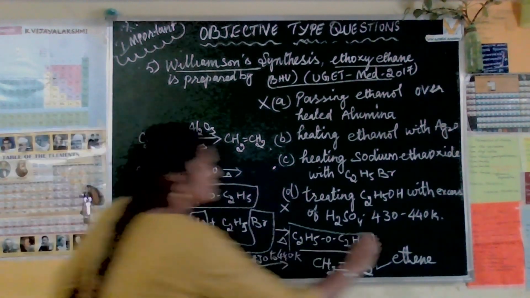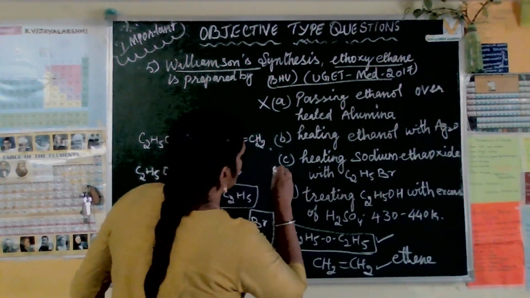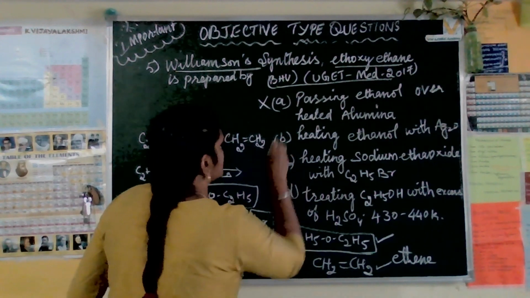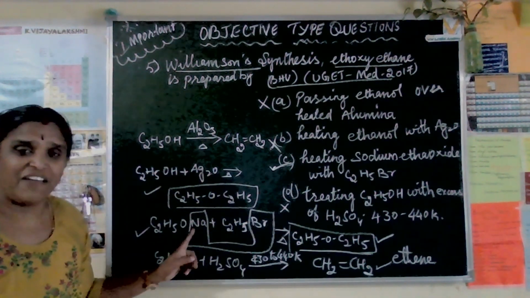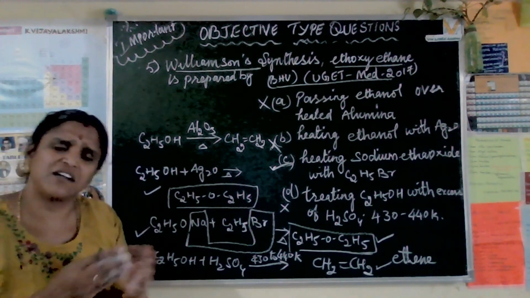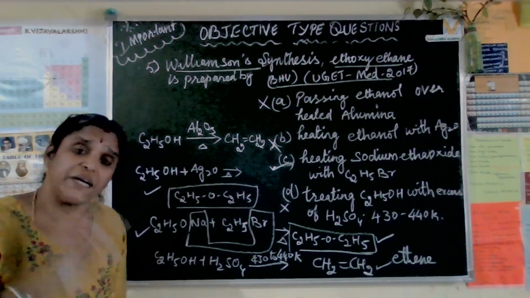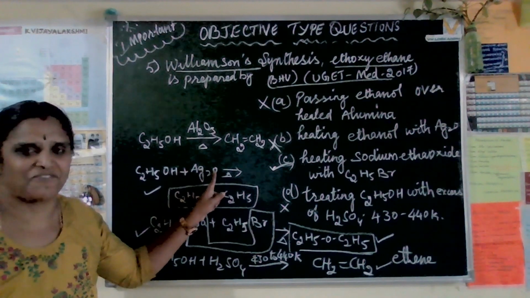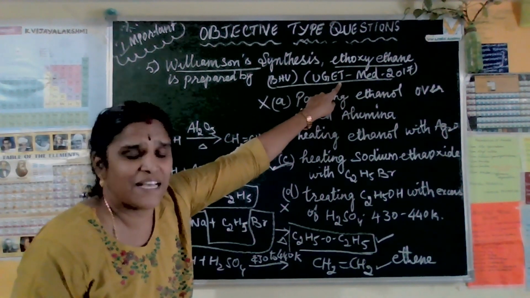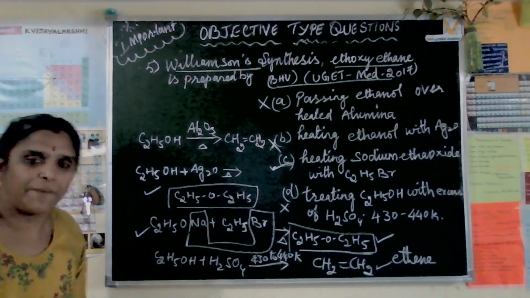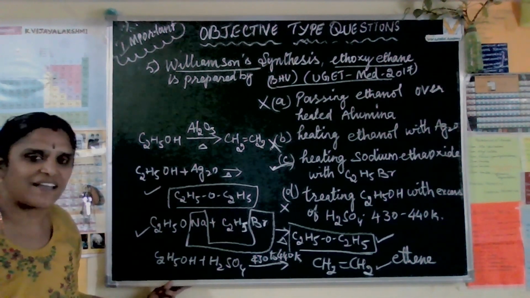So only the C option is correct, and the B option is wrong. Whenever they give a question with two similar options, you have to check and find out the best option. Hope you're clear. This is also an important question. Please note it down. I'm providing all the important questions.